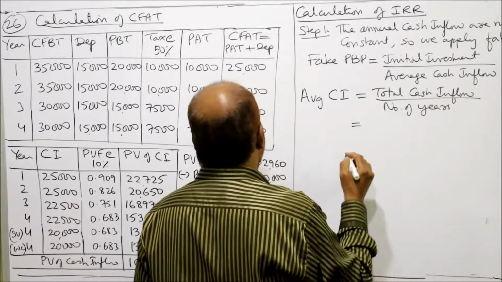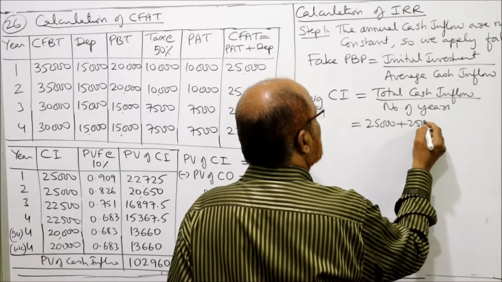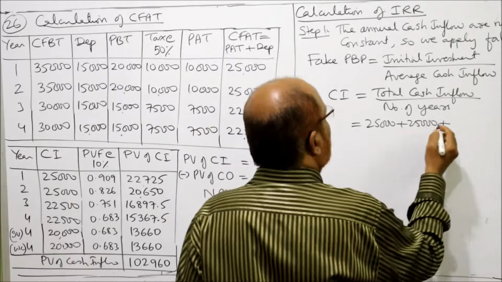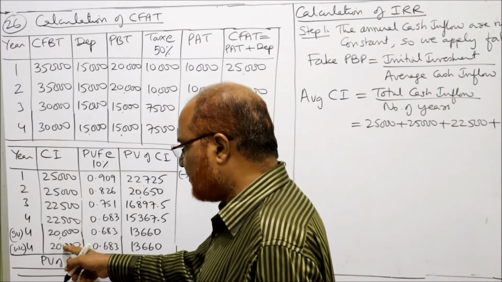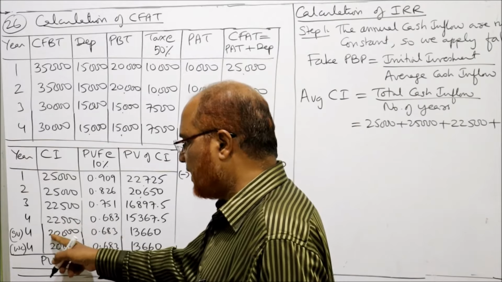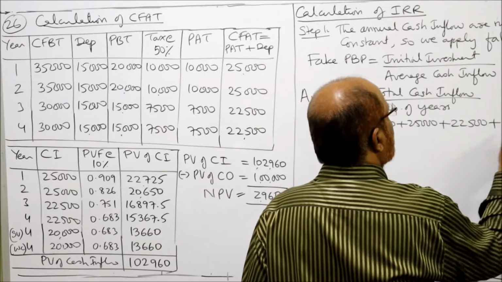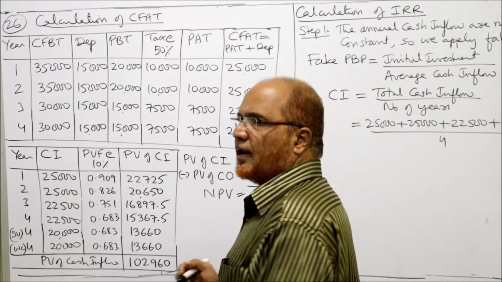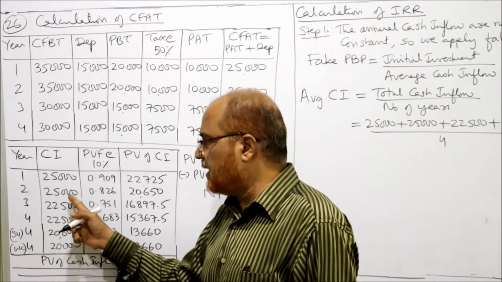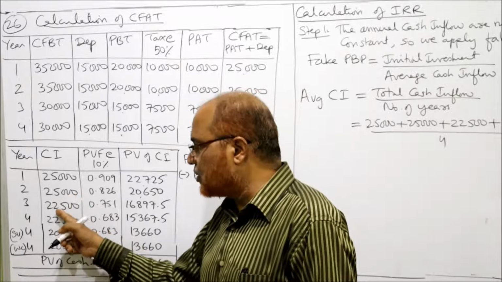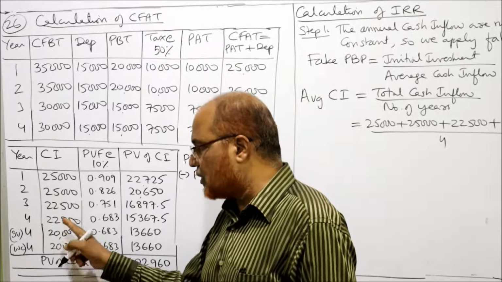Total cash inflow is equal to 25,000 plus 25,000 plus 22,500 plus, now all these three will be in the fourth year only, so 20, 20, 40, 50, 60, 62,500, divided by 4. Life of the machine is 4 years. First year we are getting 25,000, second year 25,000, third year 22,500, and fourth year 22,500, 20,000, 20,000.